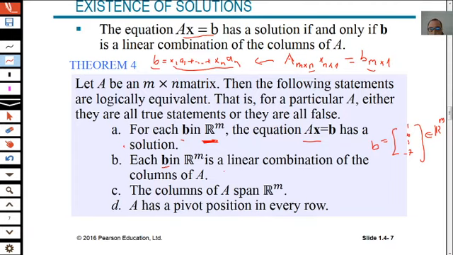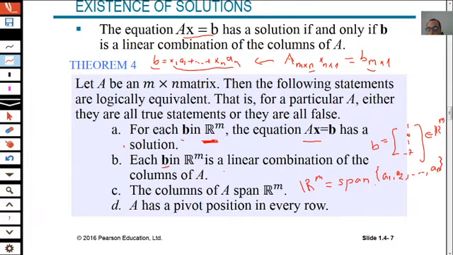Therefore, Rm can be considered as a set spanned by the columns of the matrix A. Namely, we can write a code for Rm. We can state the whole space just by knowing finitely many vectors, a1, a2, ..., an, which is very, very interesting.